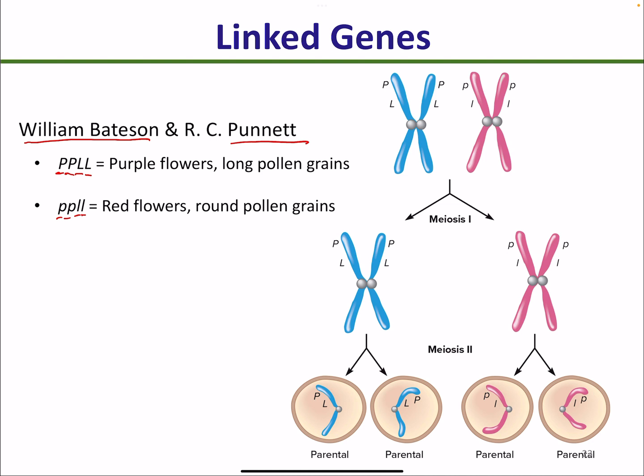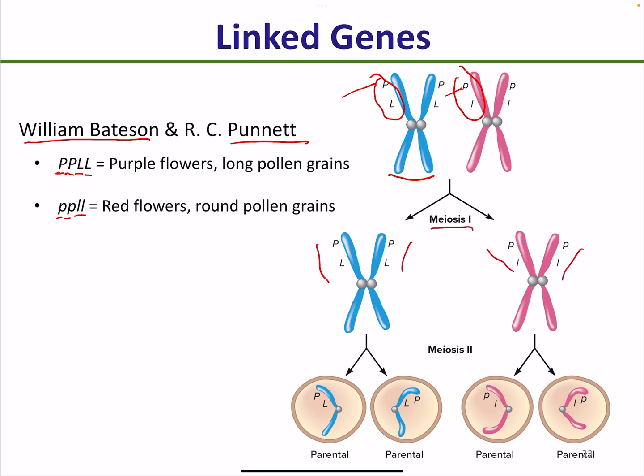So, assuming that here the chromosome has these two genes on the same side, and these two genes on the same side, right? This is one form of allele here and another form of allele here. During meiosis 1, this is what we got, right?